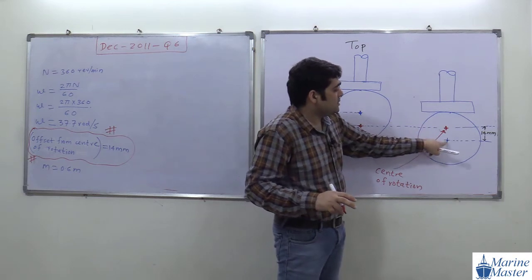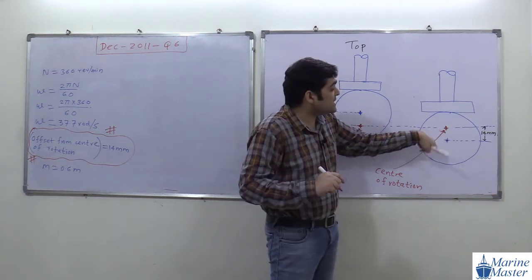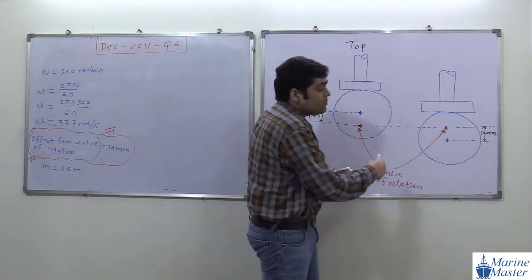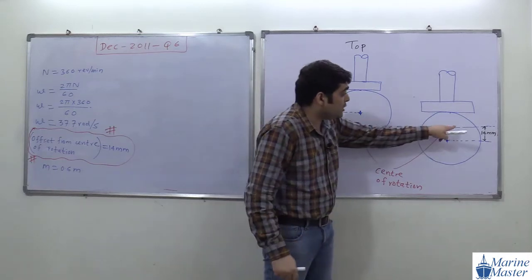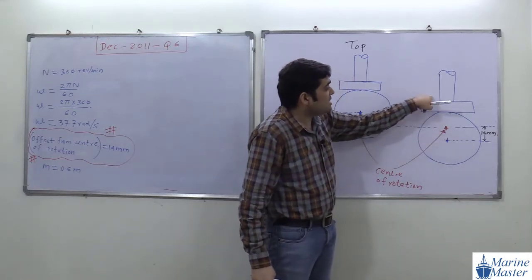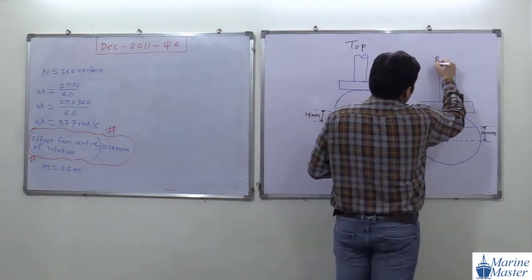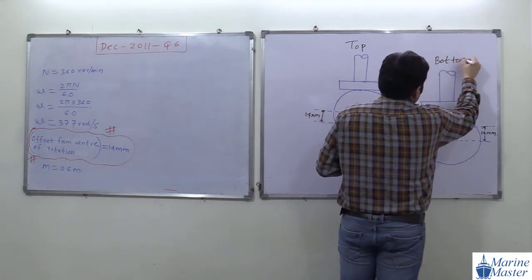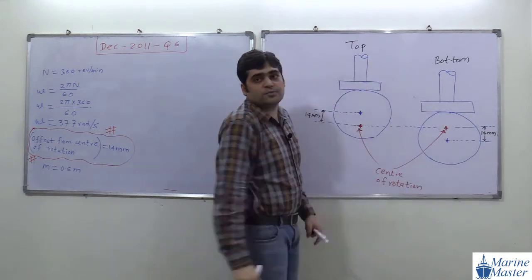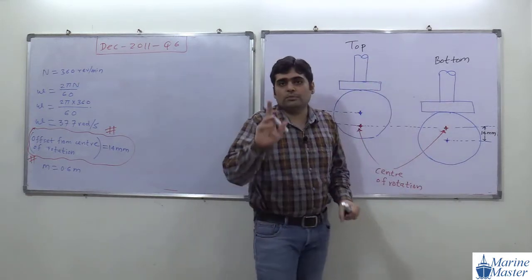When this center is exactly below the center of rotation, then the position of the follower will become the bottommost position. Try to see the scenario here. So this position is the topmost position. This position is the bottommost position.